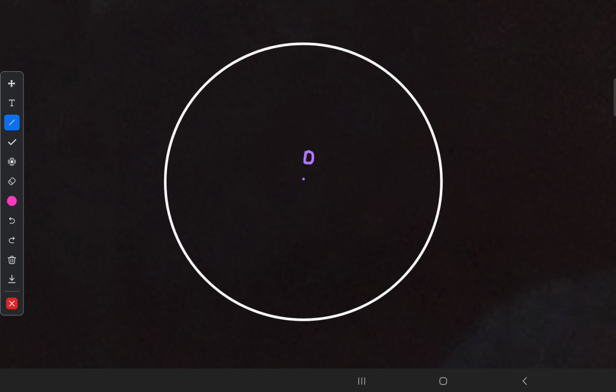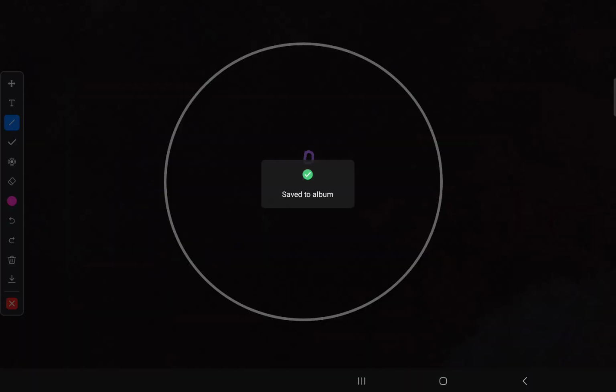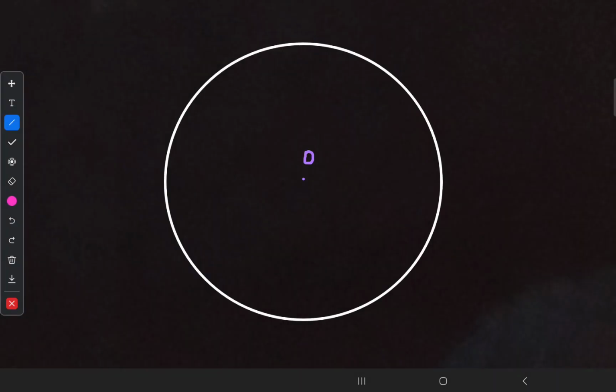In this picture we are going to study the relationships of radius and diameter. We know what a radius is. From a midpoint, when we draw a straight line to the circle, that is called a radius.